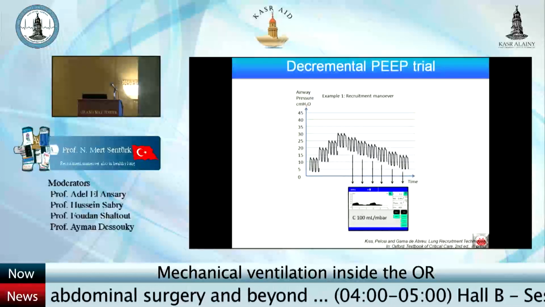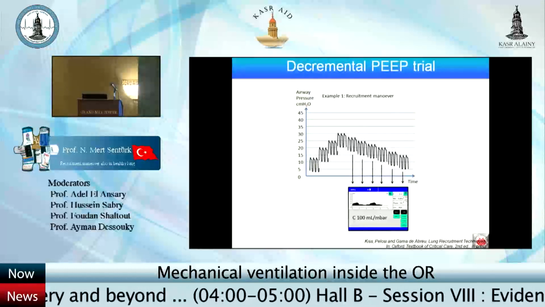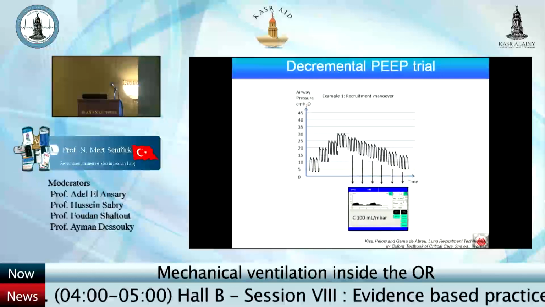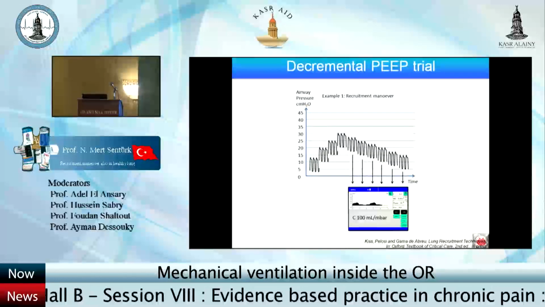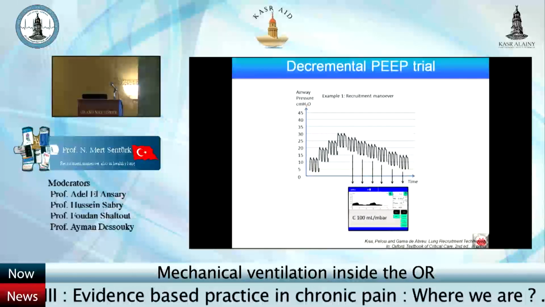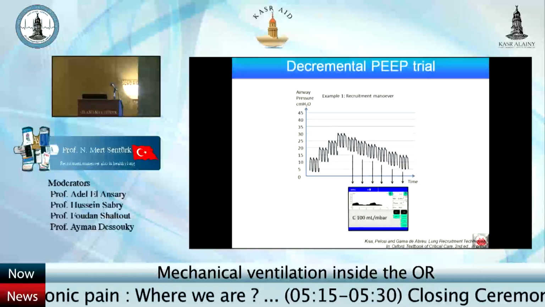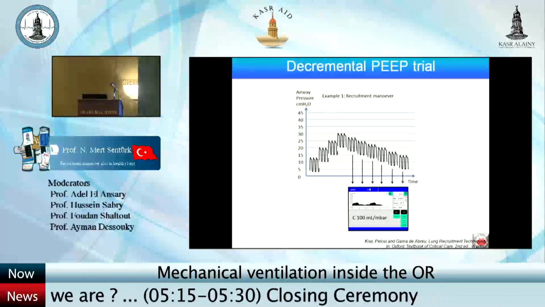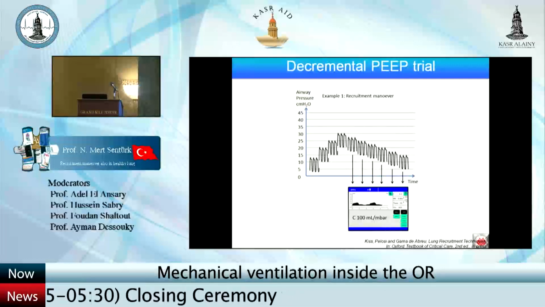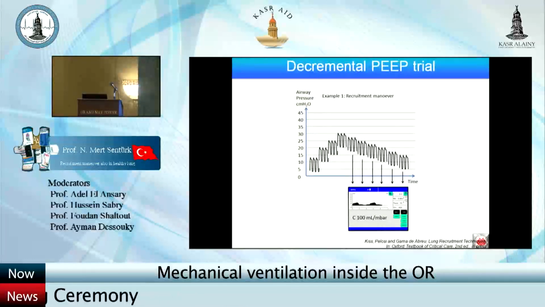If I would plot compliance here, I would have something like this. Of course, here my compliance would be very low, and then with every step, the compliance would increase, would be better. And let's say somewhere here, I would have the best compliance.